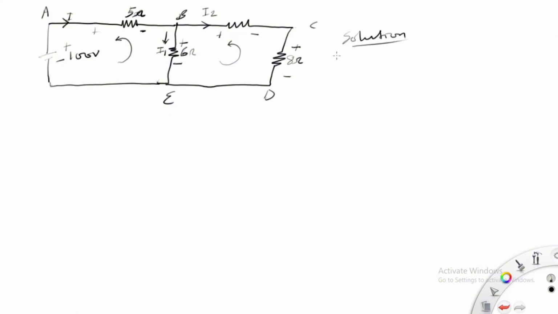So now we consider loop A, B, E, and F. Let's say this is F, and apply KVL in anti-clockwise direction.